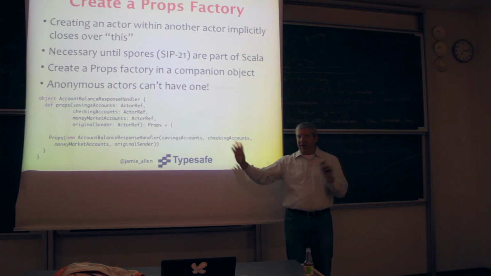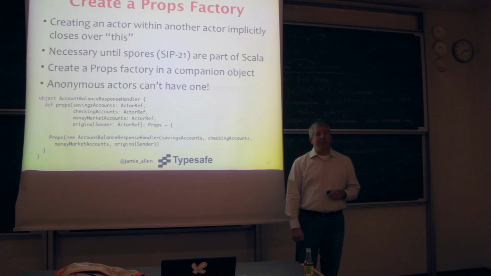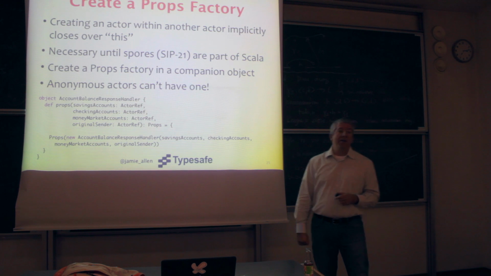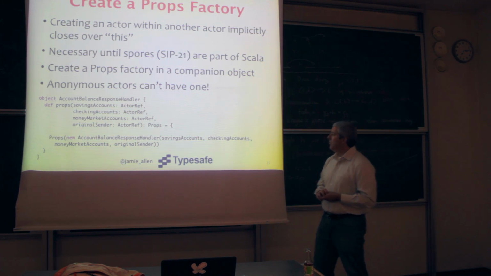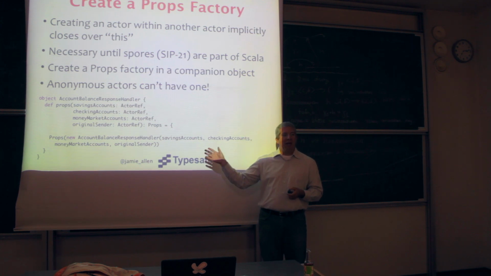Here's my definition saying I'm going to do it, but also capture that value, stabilize it so it can't change on me whenever I go to use it. I'm not sure when SIP 21 will go in, but it's not going to be for 2.11.0, which is right now just about to reach release candidate 1. So, if you feel as though this is something you must protect yourself from, here's your answer.